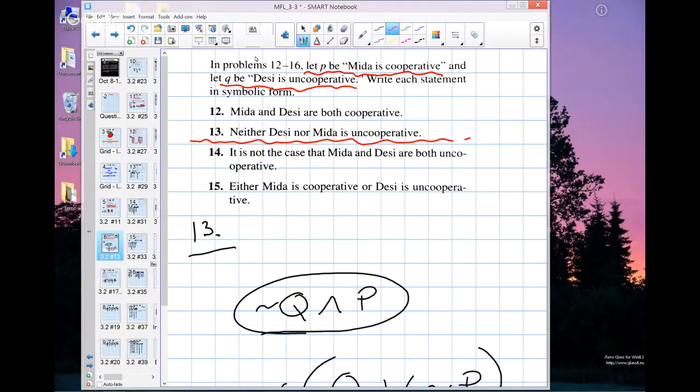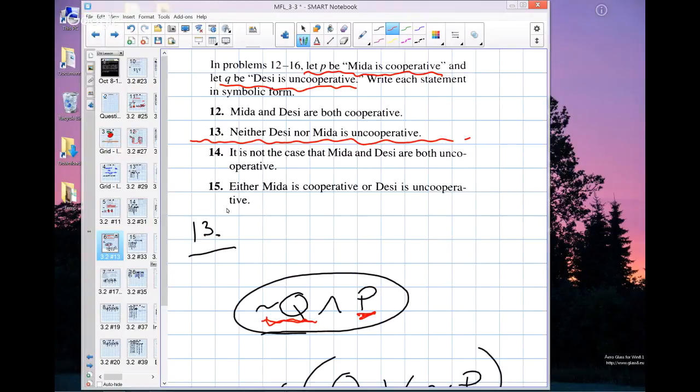Okay, so what we're saying is neither DESI nor MITA is uncooperative. So isn't that saying both of them are cooperative? Okay. Well, P already says that MITA is cooperative, so that can be just plain P. But I have to do not Q on the DESI one because the Q stands for DESI is uncooperative. So not Q would stand for DESI is cooperative.